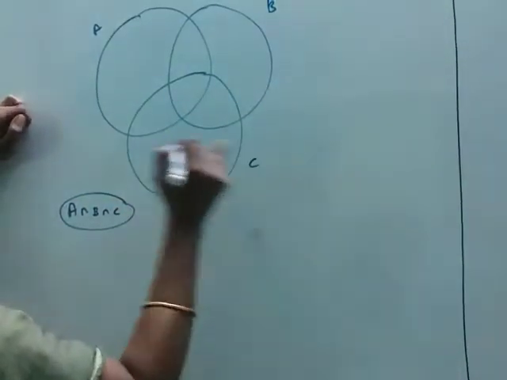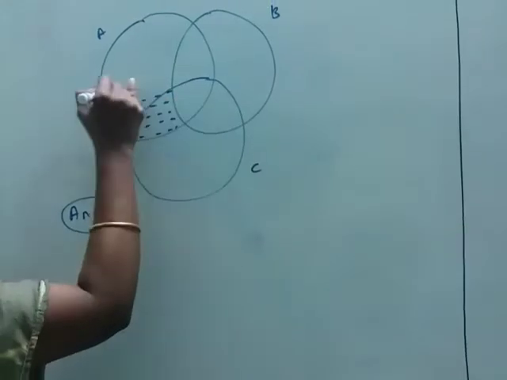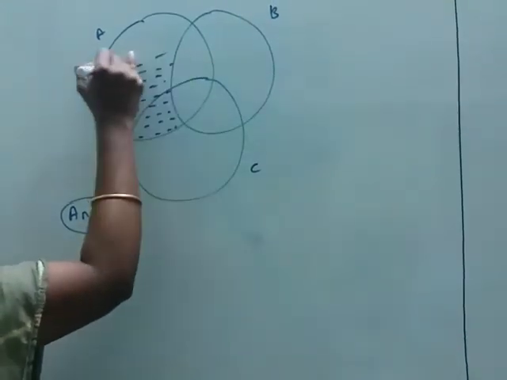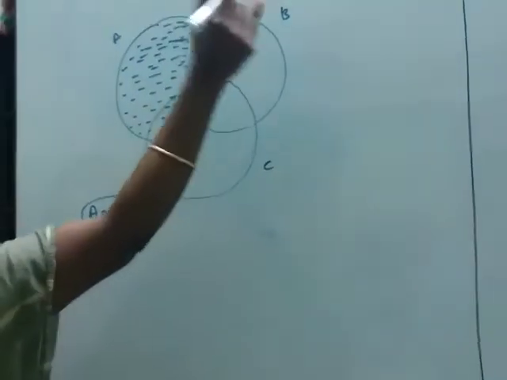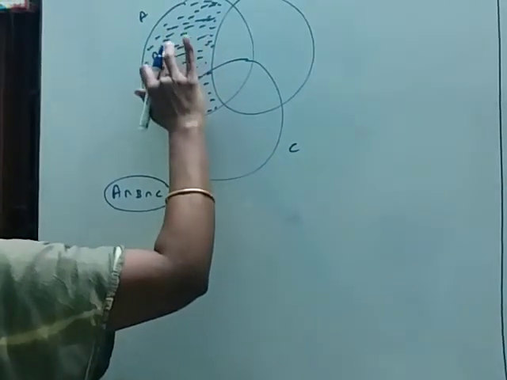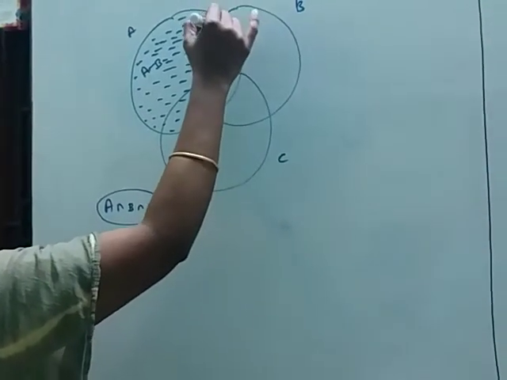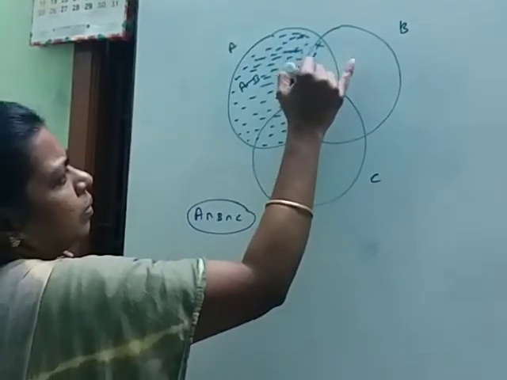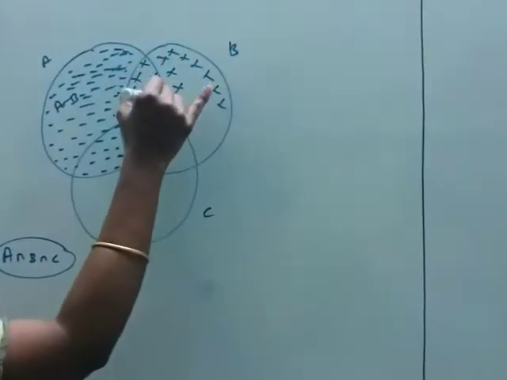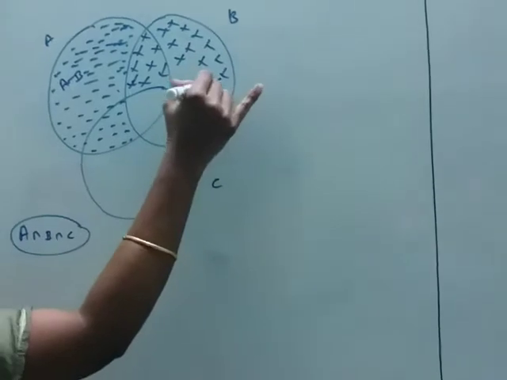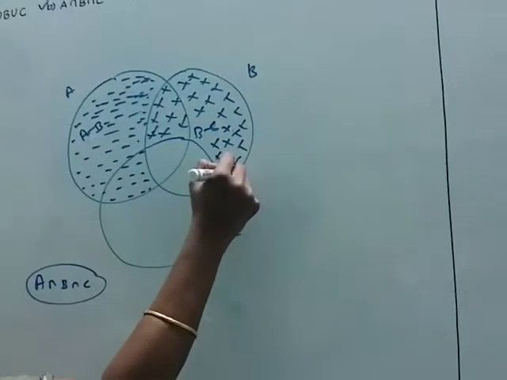A, B, C. So A minus B. This is our A minus B. B minus C. This is called B minus C. Okay?